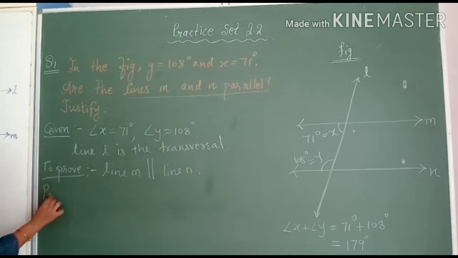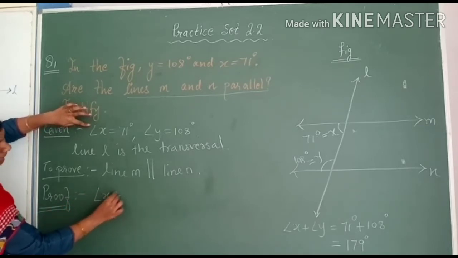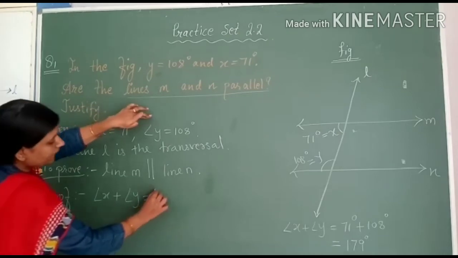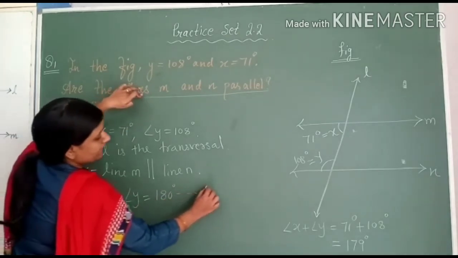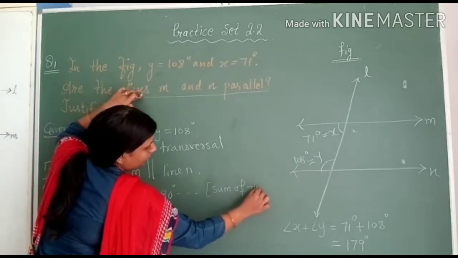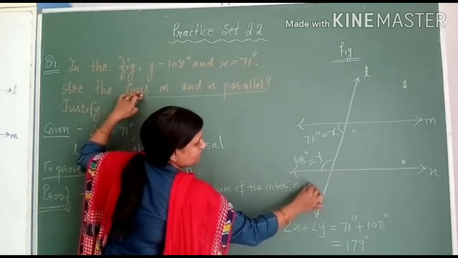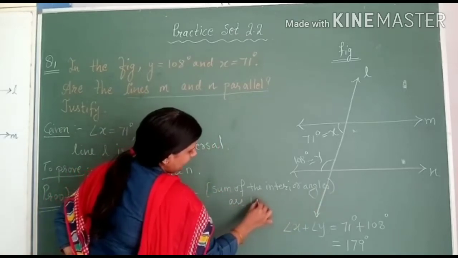Start with the proof. How will we start the proof? We will directly start with angle X plus angle Y, and try to prove that it is equal to 180 degrees, because the sum of the interior angles is 180 degrees.